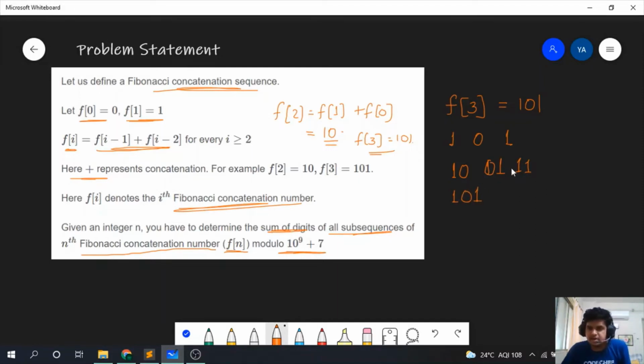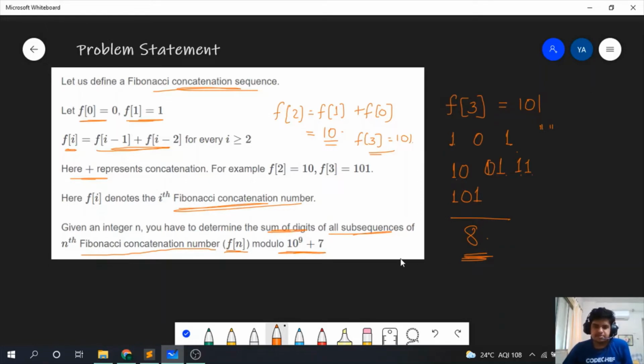I think we have covered all the subsequences. Also the empty subsequence, but it's not worth considering since it is not going to contribute anything. So the sum of this will be 1 plus 1 plus 1 plus 1 plus 1 plus 1, a total of 8 ones. So the answer for n equal to 3 will be 8.